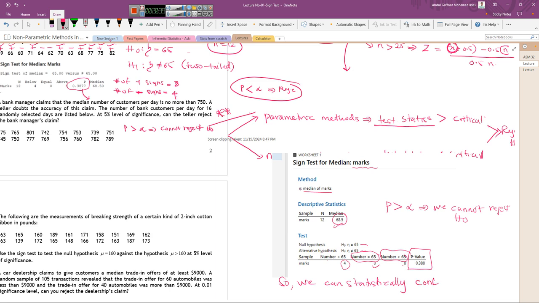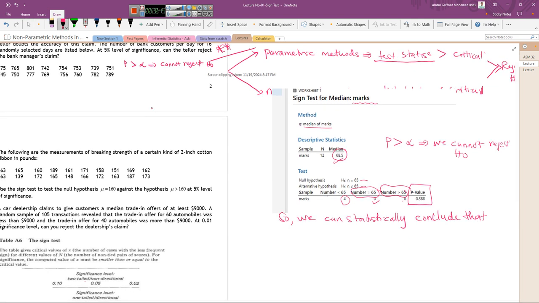So we can statistically conclude that there is enough evidence to support the lecturer's claim.